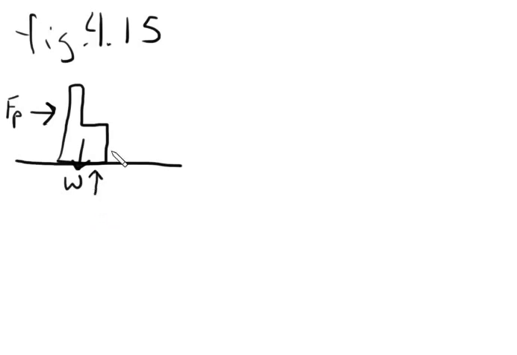Third law. For every action, there's an equal opposite reaction. There is a normal force pushing back from the surface that this chair is sitting on, back up onto the chair. Okay, F sub W for weight, F sub N for normal force. Weight comes from the chair and normal force comes from the surface, okay?